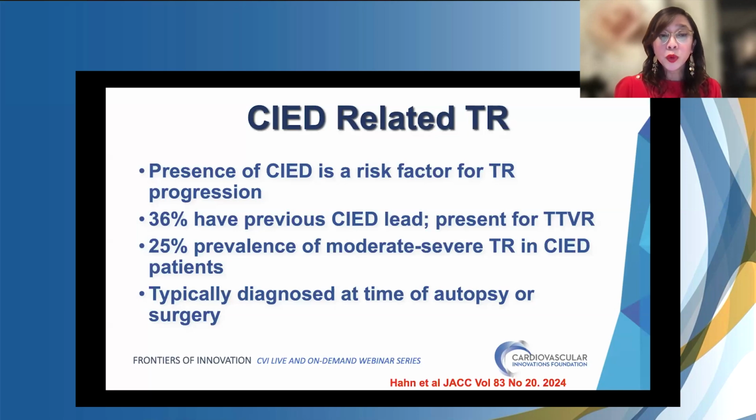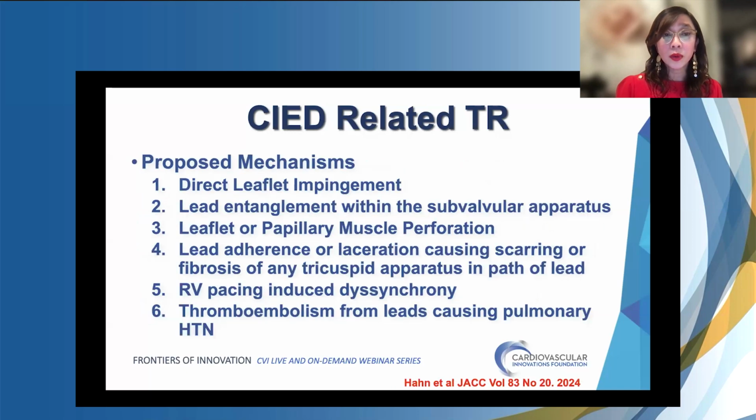And the majority of them, 25% of moderate to severe TR, actually have CIED. Most of the time in the past, the literature has shown that these TR were diagnosed at the time of autopsy or surgery. And with the huge interest and awareness and explosion of TR and imaging, we are able to diagnose it relatively early nowadays.